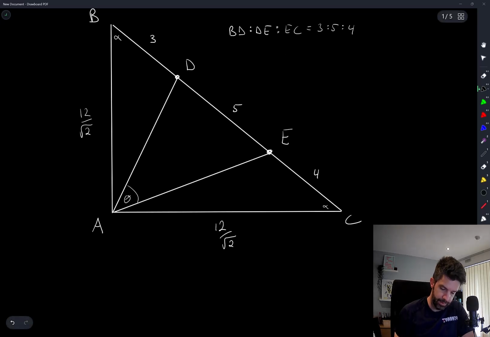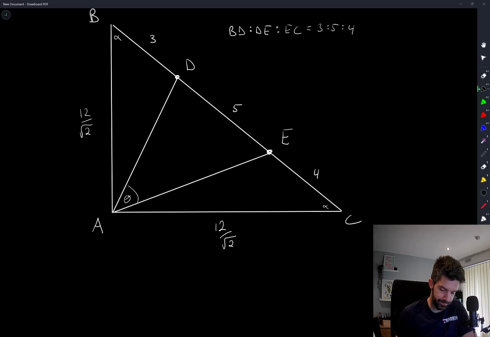So we have two side lengths and an angle. In theory, that allows us to compute the length of that side. We have the same thing over here, two side lengths and an angle. In theory, we can compute the length of that side. Once we have the length of those three sides, we can compute that angle, in theory.